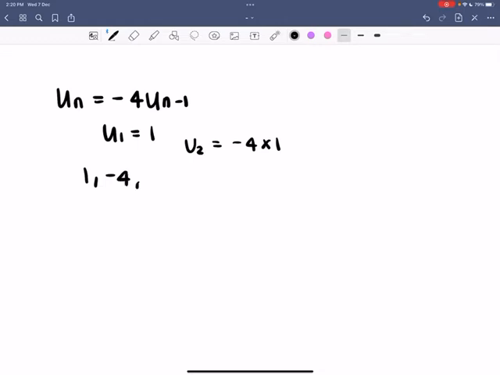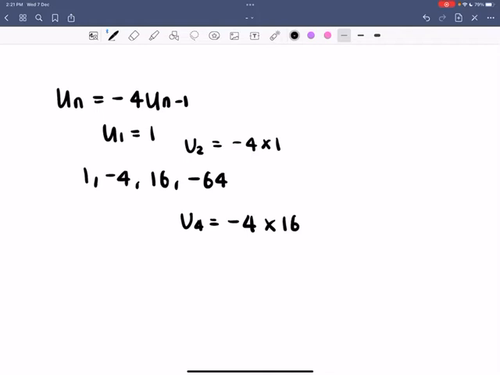And then U3, which is the third term, would be -4 times -4, which would be 16. And then U4 would just be -4 times 16, which is -64.